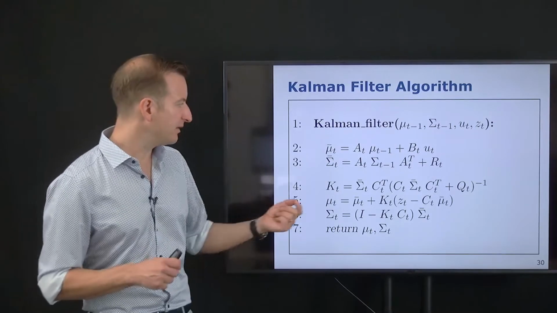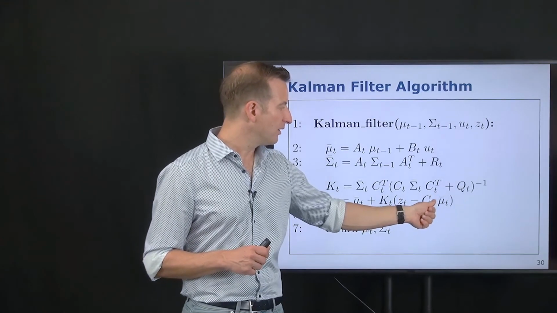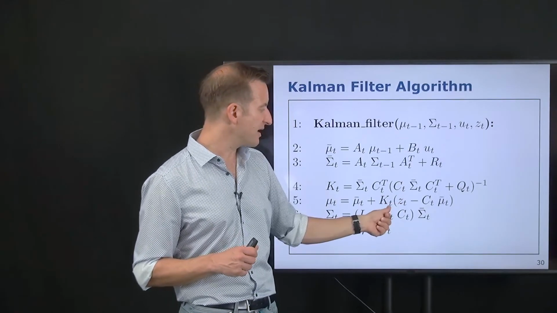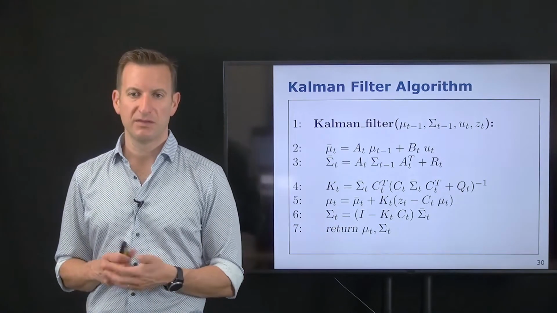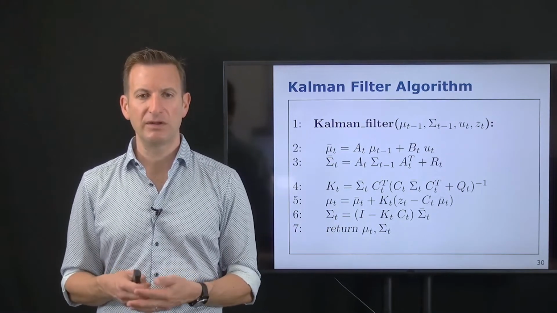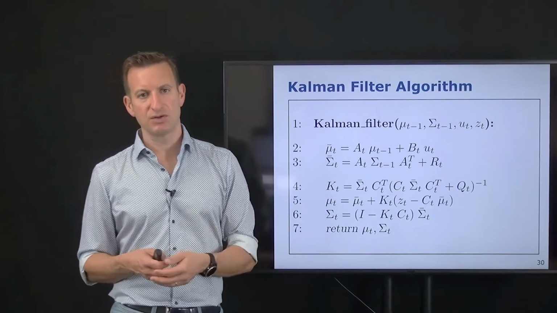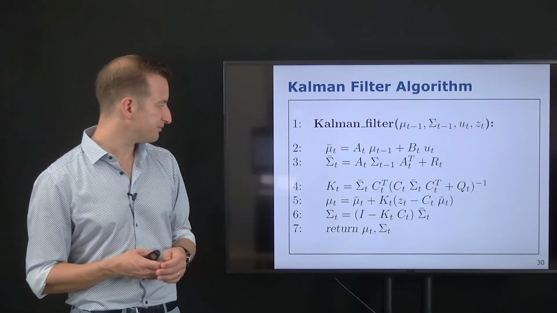So I'm taking into account the difference between what I should observe and what I'm actually observing. This difference is then mapped through the Kalman gain matrix into the state space and tells me how I need to update my predicted mean in order to take the correction through the observation into account.